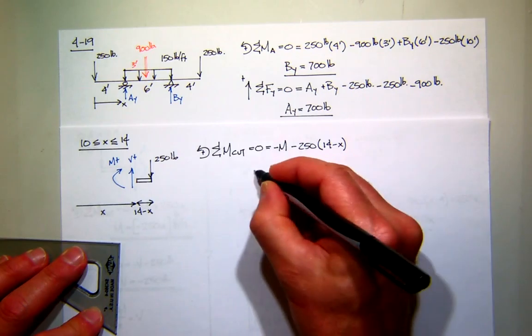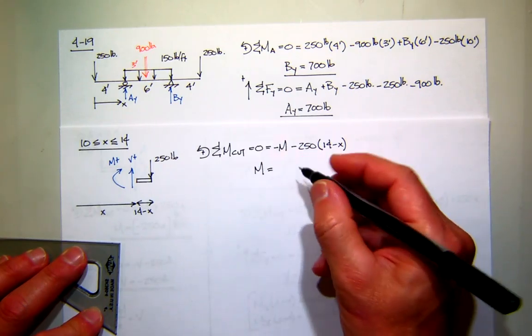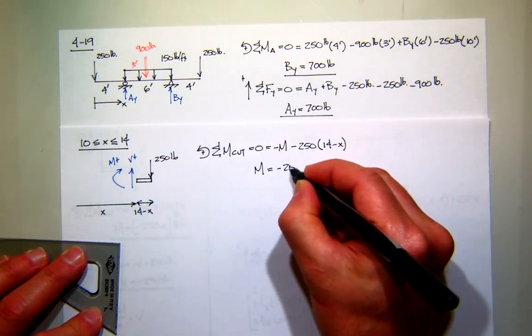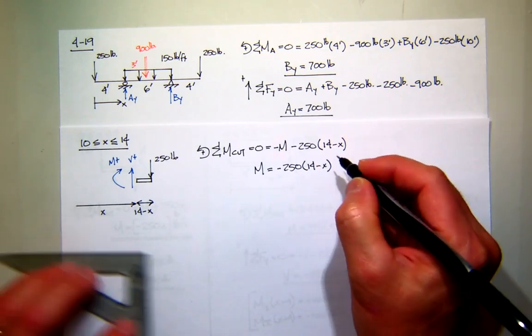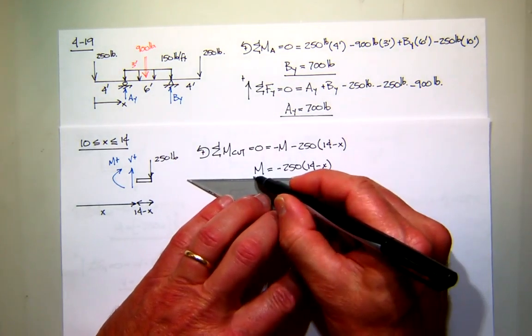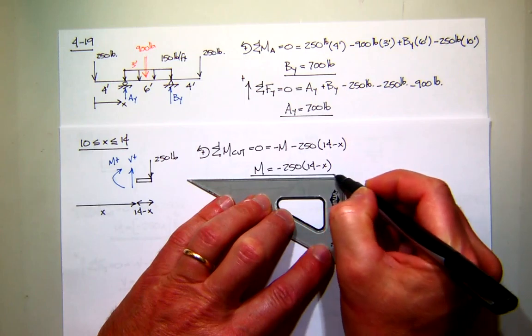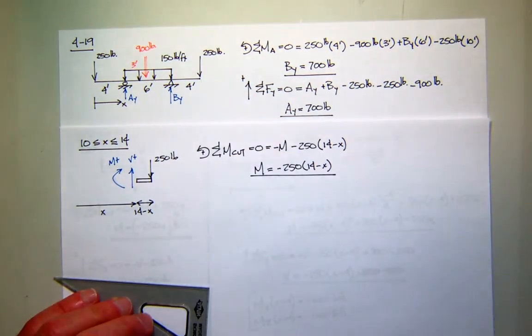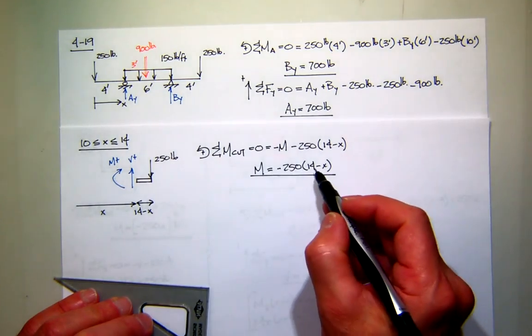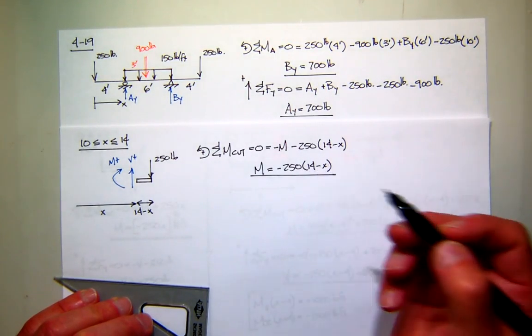So the moment is equal to negative 250 times (14 minus x). So what's the moment at the free end? 0. Does it work? X equal 14? 0.